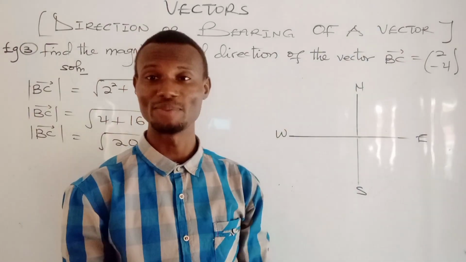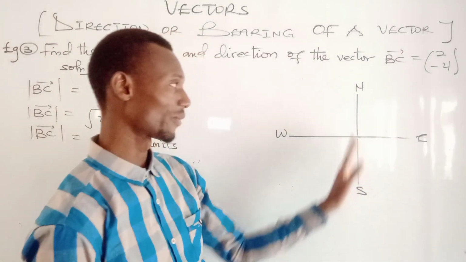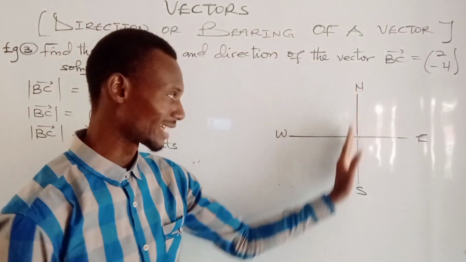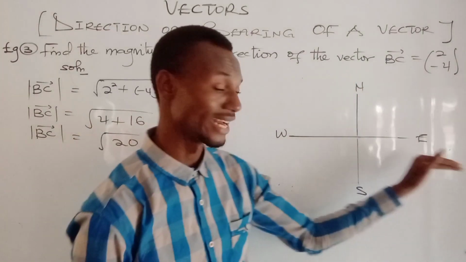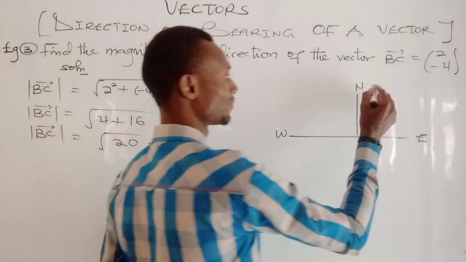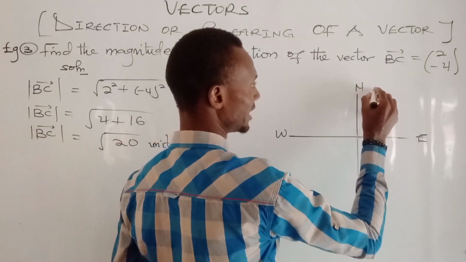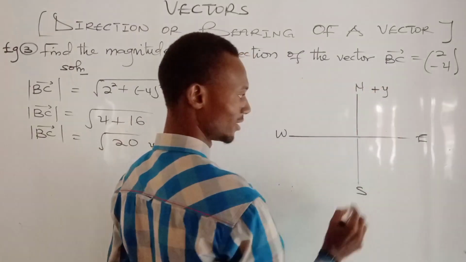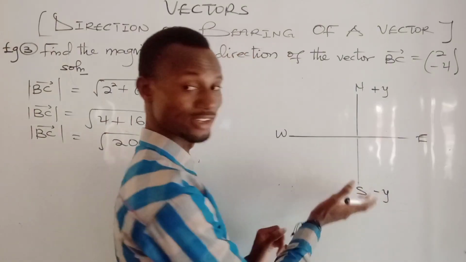You know the Cartesian plane, you have the y-axis, the x-axis. Okay, so we are going to consider this vertical line as our y-axis and the horizontal line as our x-axis. Okay, so when I consider this vertical line as my y-axis, here will be the positive y values, and here will be the negative y values.